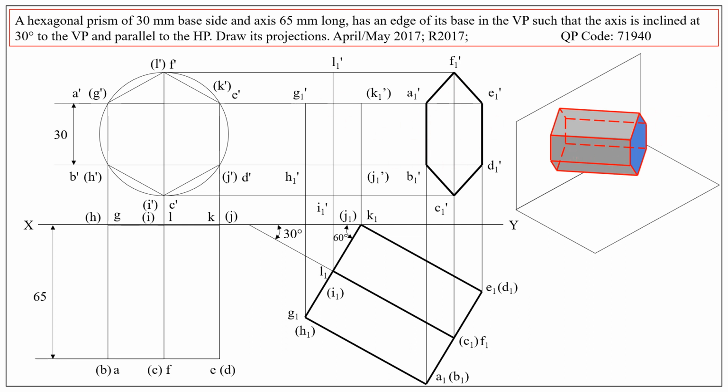What about the rear hexagon? Remember, in the rear hexagon, points J, K are invisible. So follow the sequence or join the points in proper order like this.